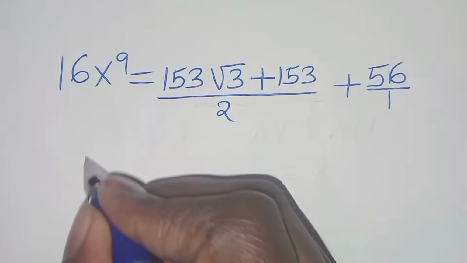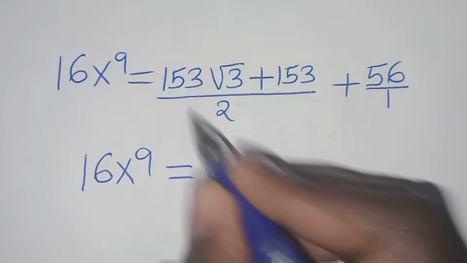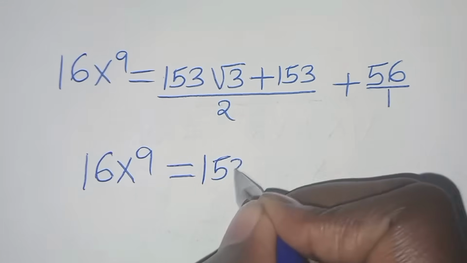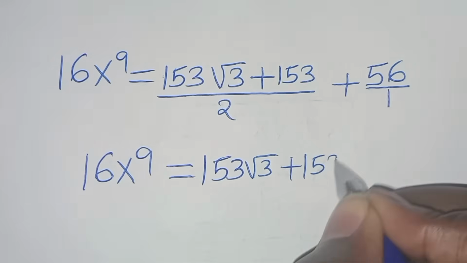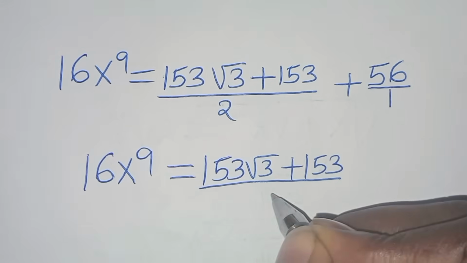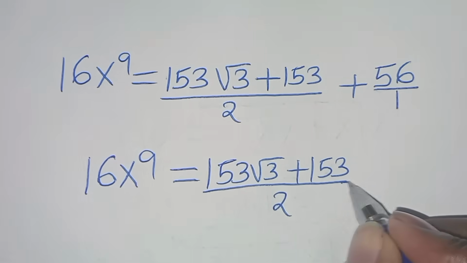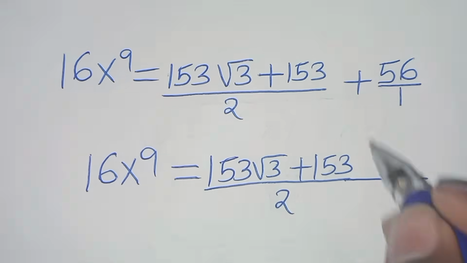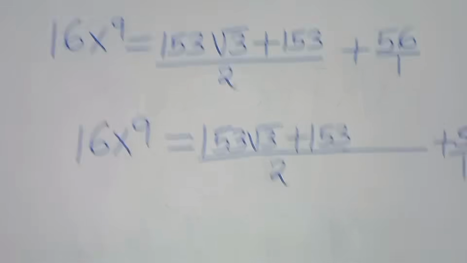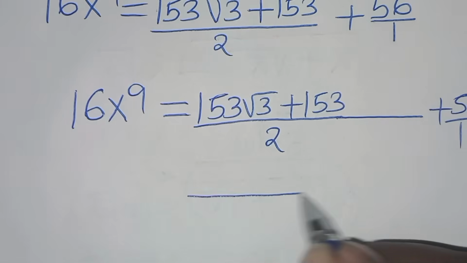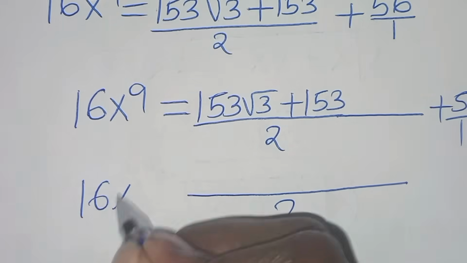So from here we have 16x to the power of 9. This is equal to 153 square root of 3 plus 153 over 2. Remember this is 56 over 1. So this implies that we have here the LCM as 2. So this is 16x to the power of 9.